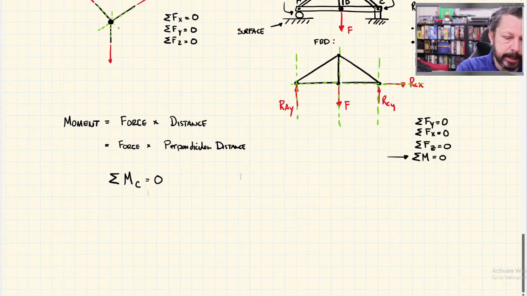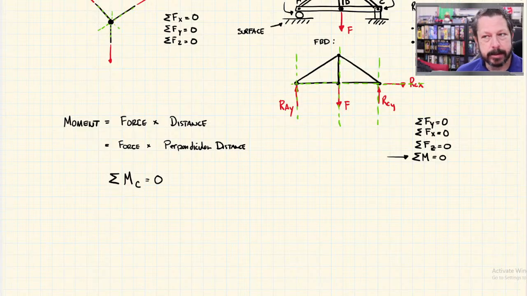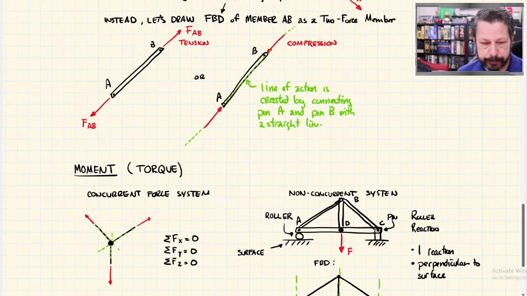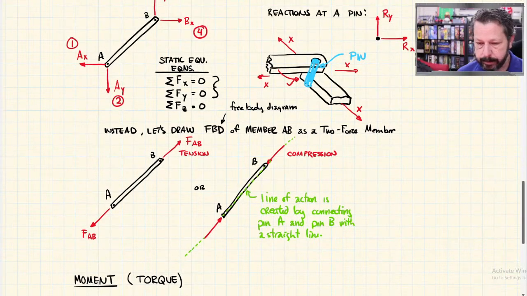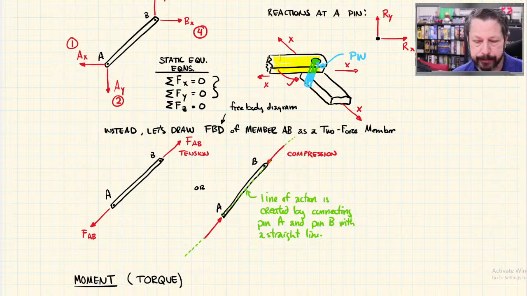For moments, we need to specify, is a clockwise moment positive or is a counterclockwise moment positive? Because remember, the moment is like, here, are we talking about this little guy potentially spinning clockwise around that pin or counterclockwise around that pin, and which one of those is positive?